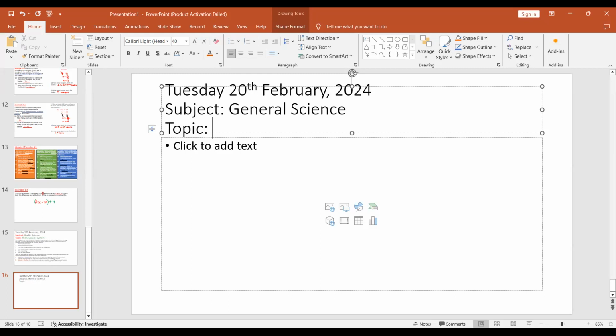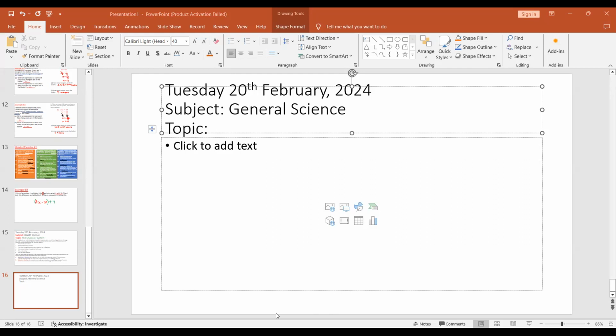A physical change is when no new substance is formed, and a chemical change is when a new substance is formed.